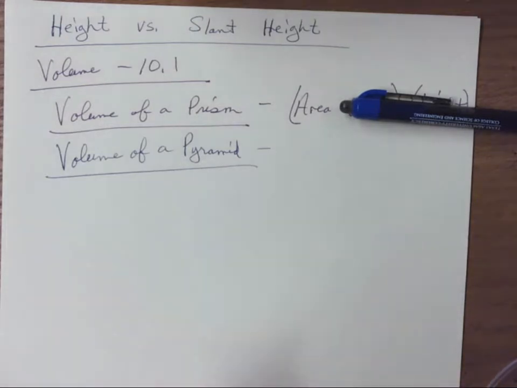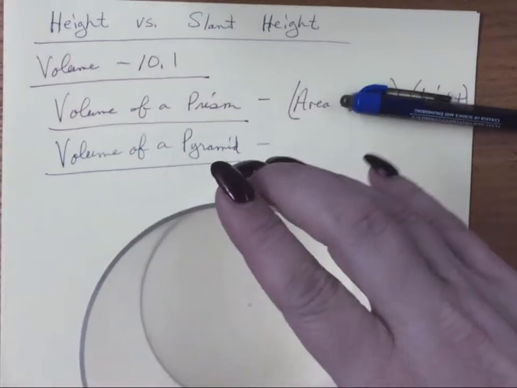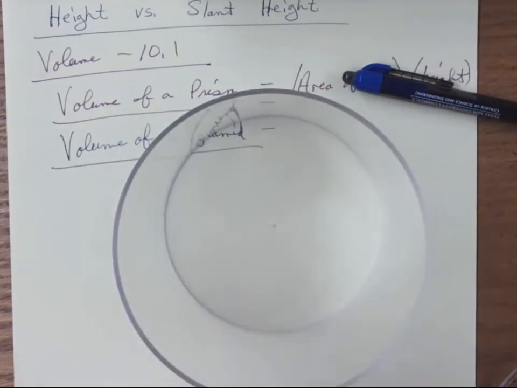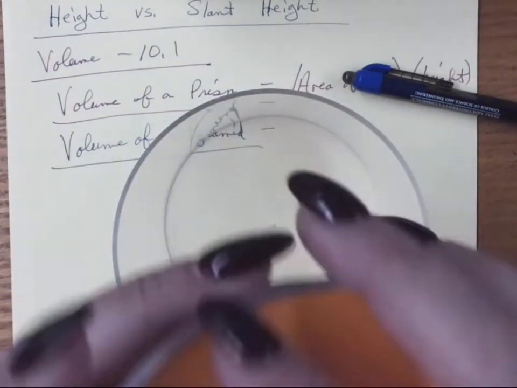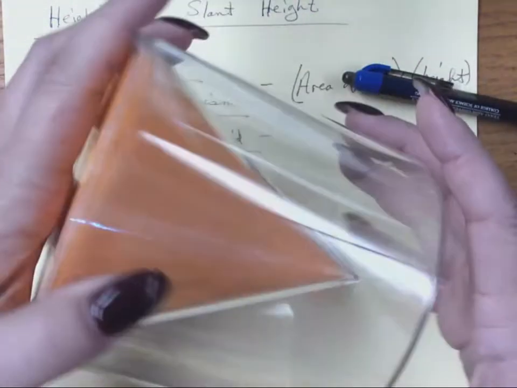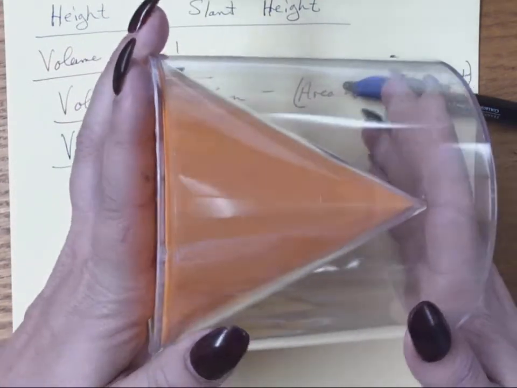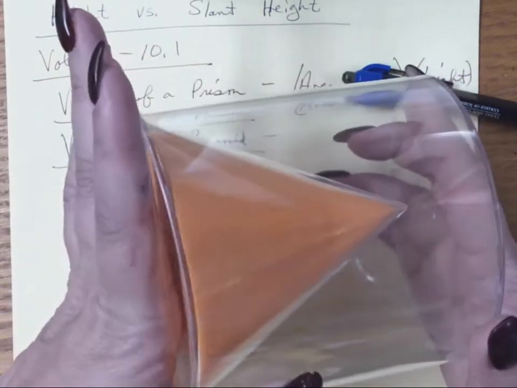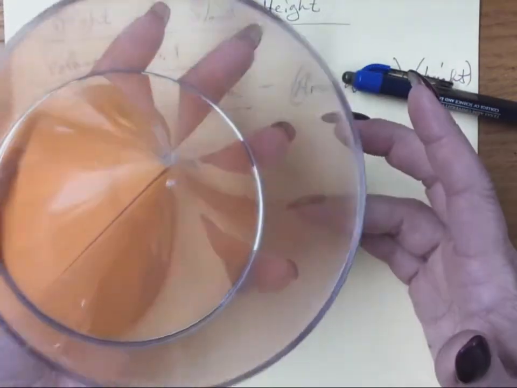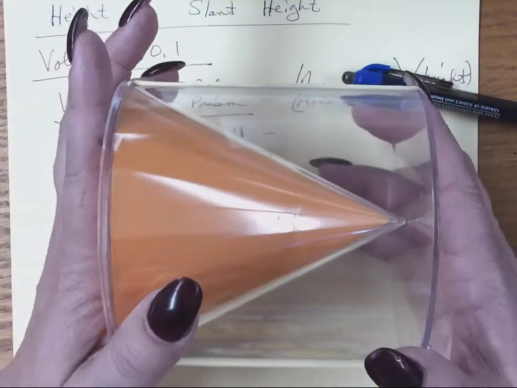So we know how to find the volume of the cylinder. We already figured that out. But when I put the pyramid, the cone in this case, inside of that, what we see is it takes up a certain portion of the overall cylinder.